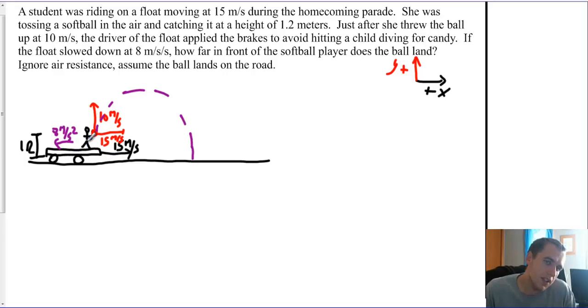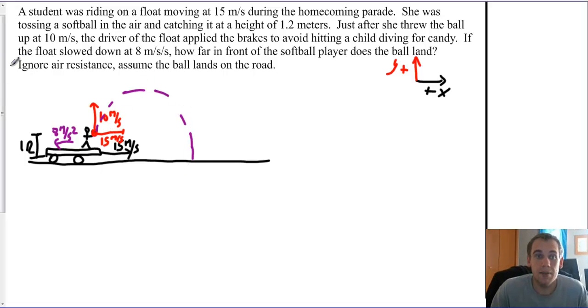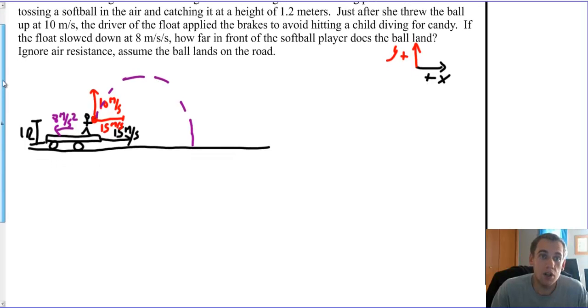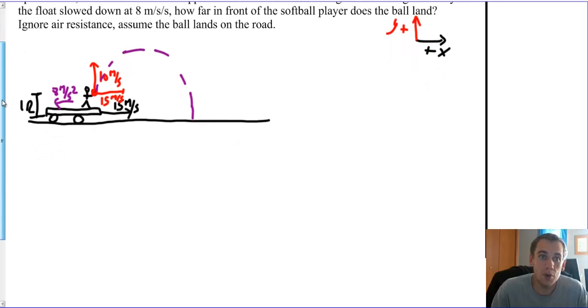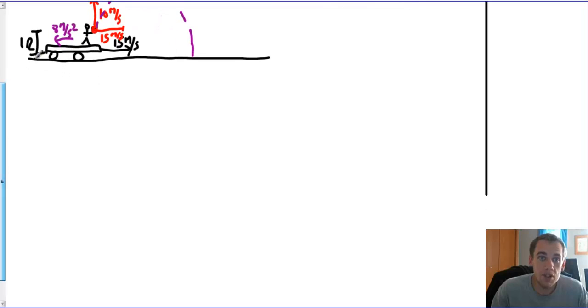So our job is to figure out how far in front of the person the ball lands. Well, that means we've got to keep track of the person, we've got to keep track of the ball, and we've got to keep track of the x and y motions. So I'm going to go ahead and start a column for the float, the person, whatever. Okay, so here it is, the float. What do I know about it?